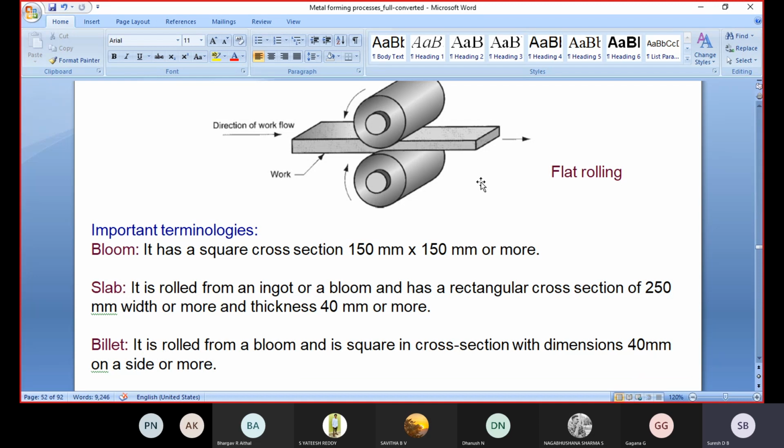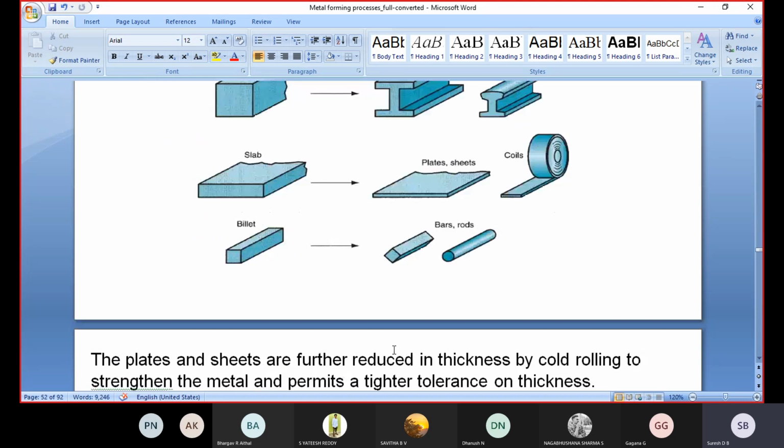Those types of components are called billets. Blooms have a square cross section of more than 150 mm width and 150 mm thickness. A billet also has a square cross section, with more than 40 mm in both width and thickness. Here I will show which one is bloom and which one is billet.